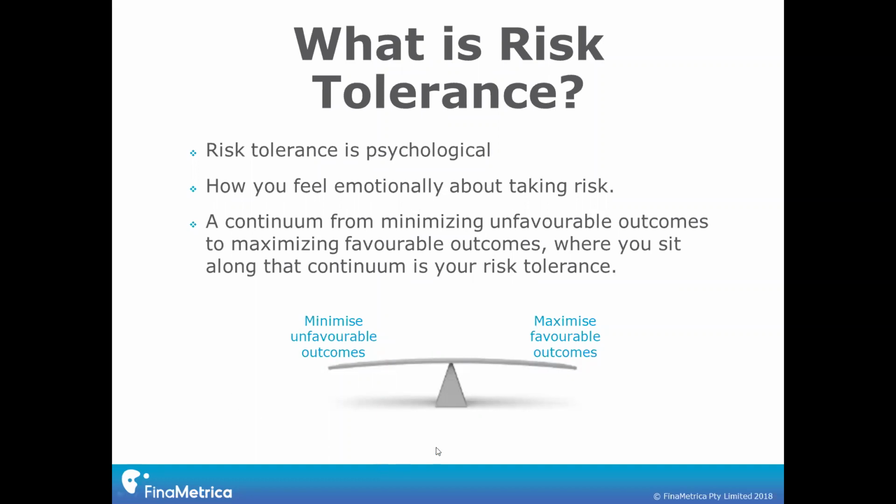The actual test itself scores between 0 and 100. The average risk of a specific peer group would be that 50 mark, and then where you fall along that 50 line.